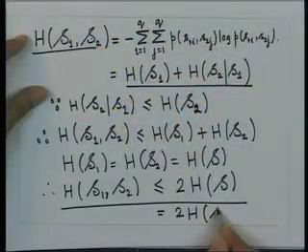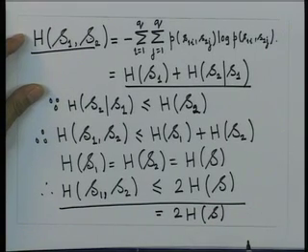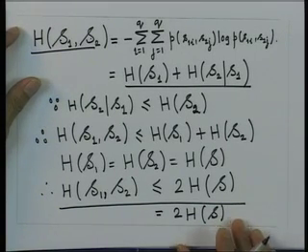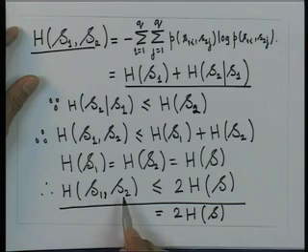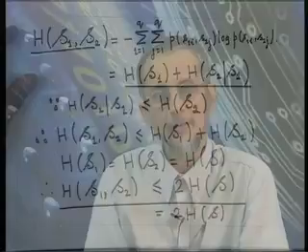Now, if this were a Markov process of 0 order, then I would have got it equal to twice H of S. So, the conclusion is that whenever there is a dependency among the symbols, then for messages of length L, the total information will always be less than or equal to L times the entropy of the source.